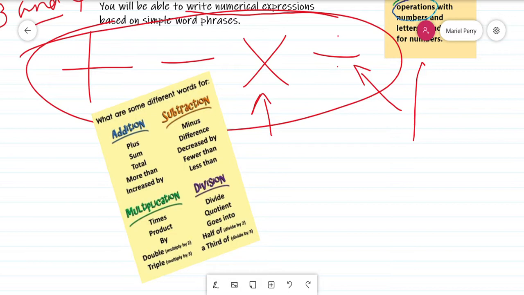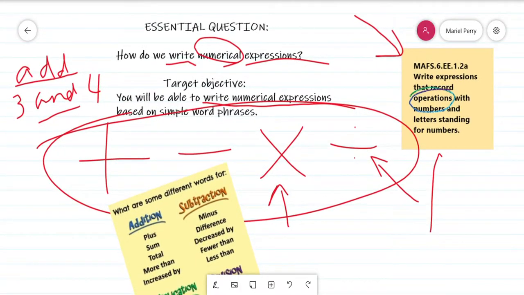Okay, now that we're familiar with some of our keywords, and now that I've given you some time to write the information down, let's go ahead and tackle some actual simple word phrases and write them into numerical expressions.